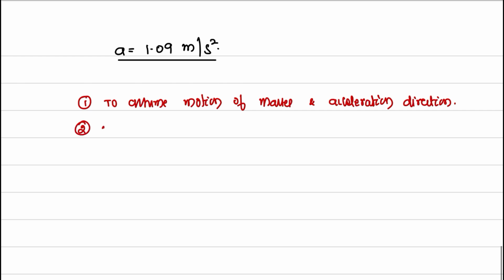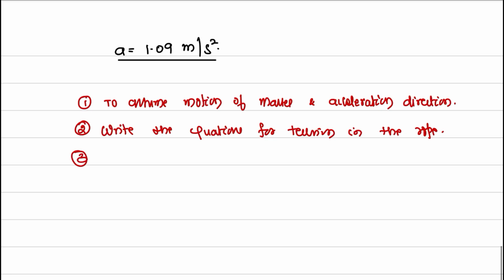Then write the equations for tension in the rope. Then calculate I. From that, calculate I with mk square.